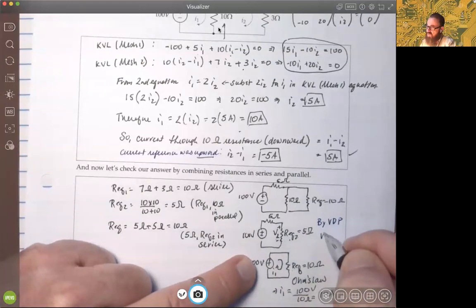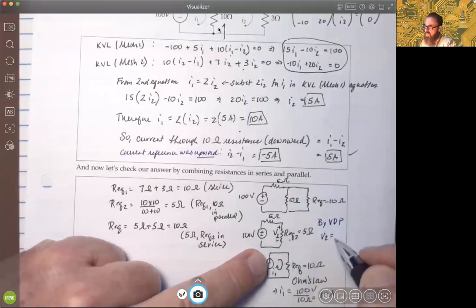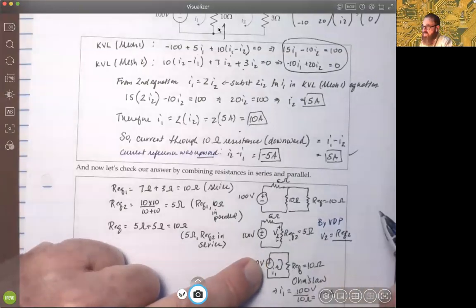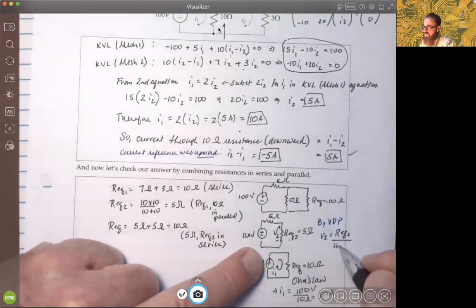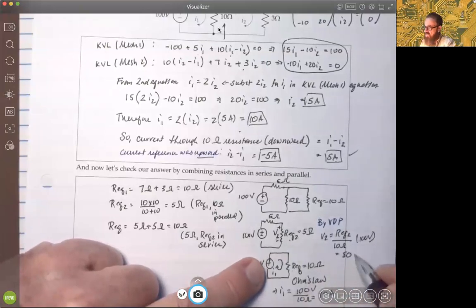So V2 in this case has to be a fraction, all right? The fraction is the fraction of that resistance to the total, right? So the total resistance is 10 ohms, okay? And that would be multiplied by the 100 volts. But the REQ is just 5, so it's half. So that's not too surprising.